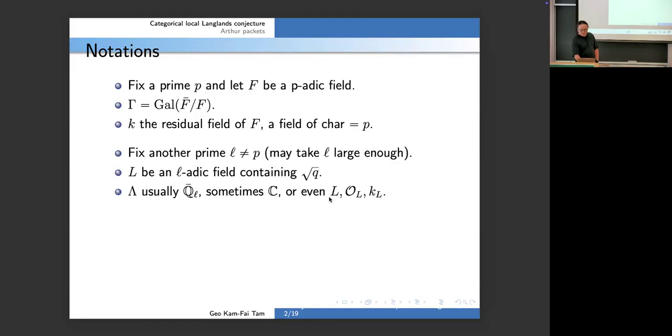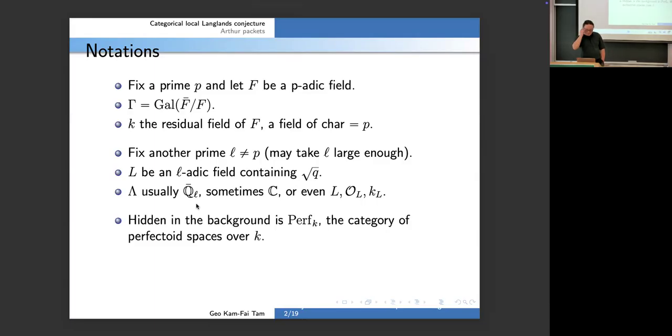Or even sometimes I just take an l-adic field L or its ring of integers, or even a residue field. So that is in the Fargues-Scholze setup. They allow their scalar field or even scalar ring to be non-algebraically closed. The further the scalar field is from being algebraically closed, the statements will be more complicated to prove. But in any case, here I would just usually assume Lambda to be Q_l bar.